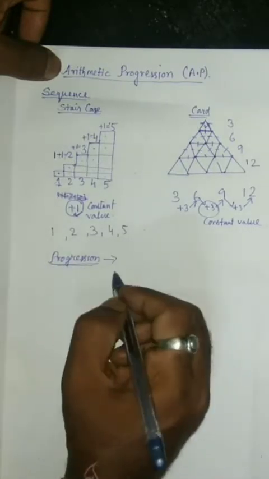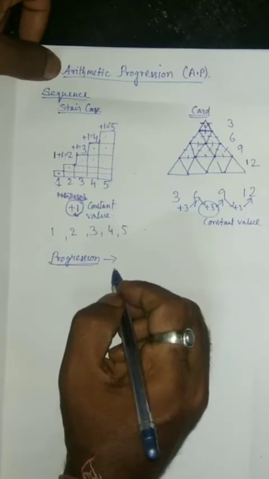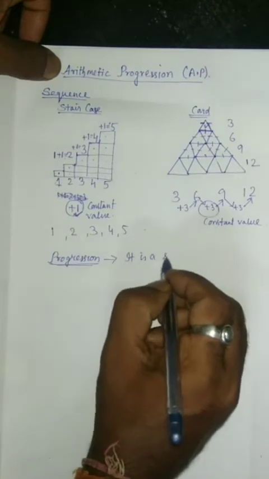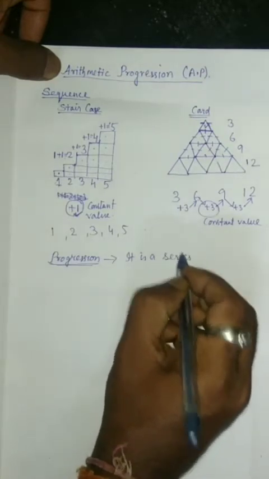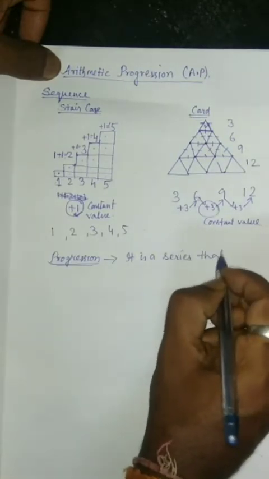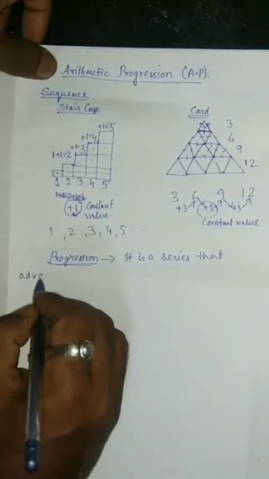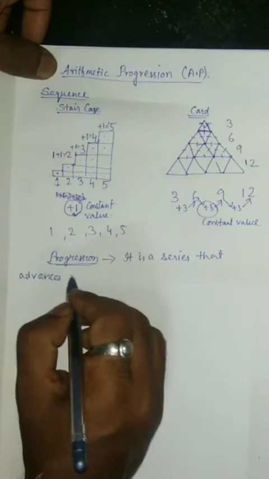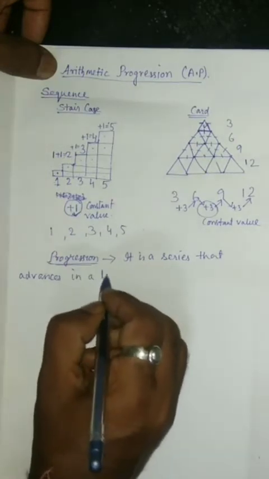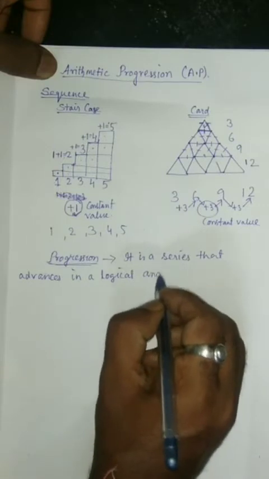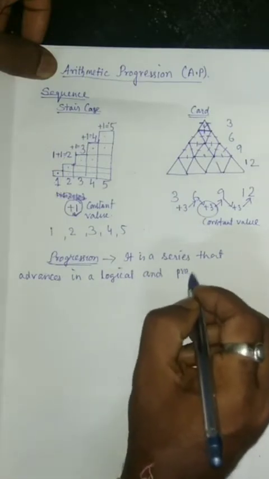What does progression mean? It is a series that advances in a logical and predictable pattern.